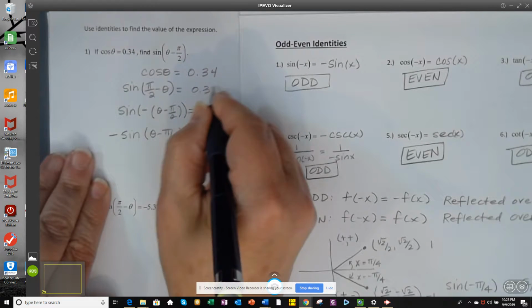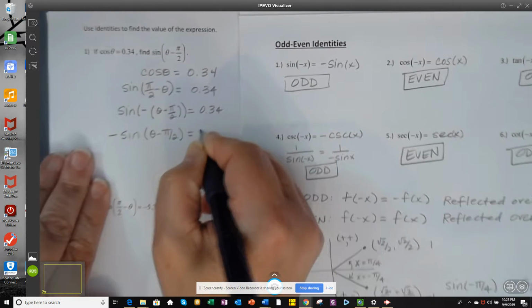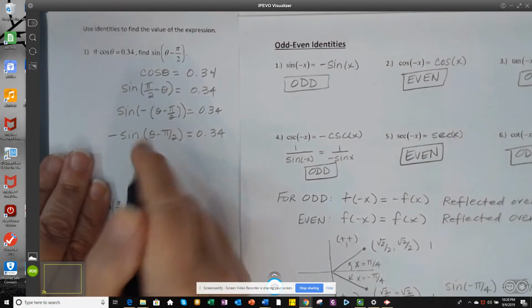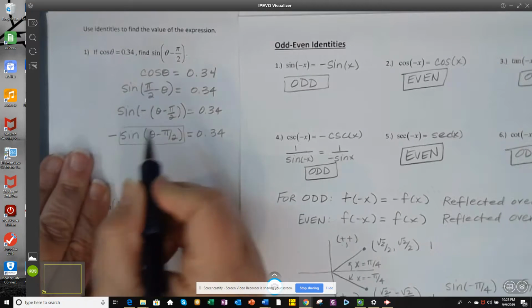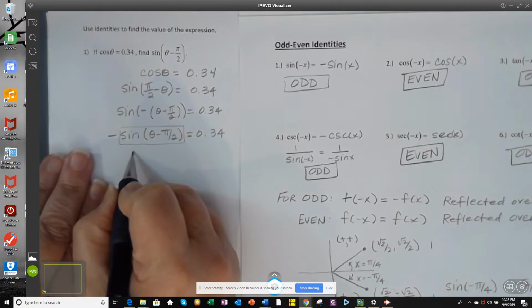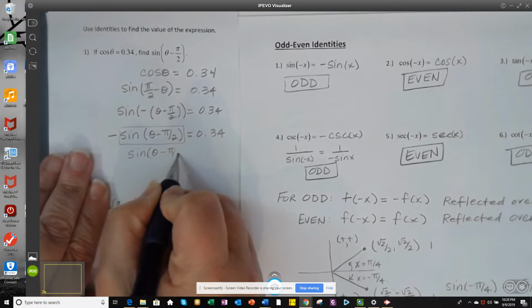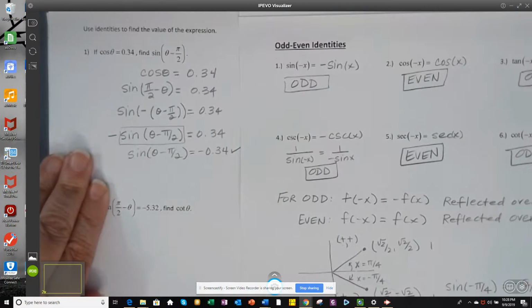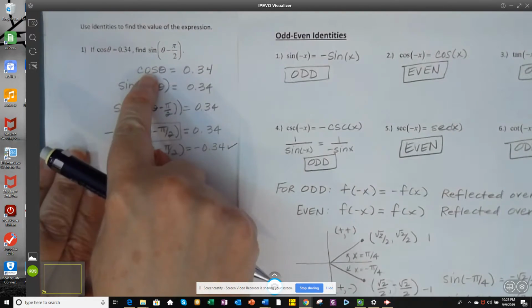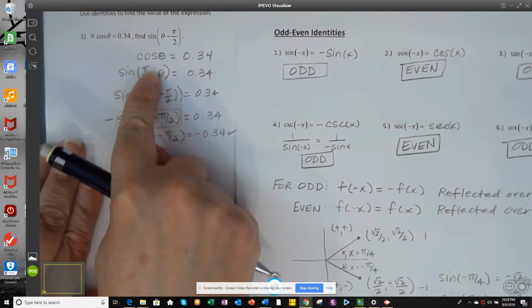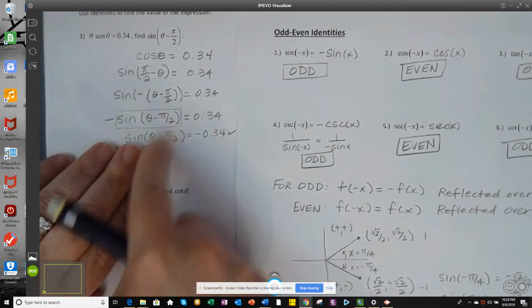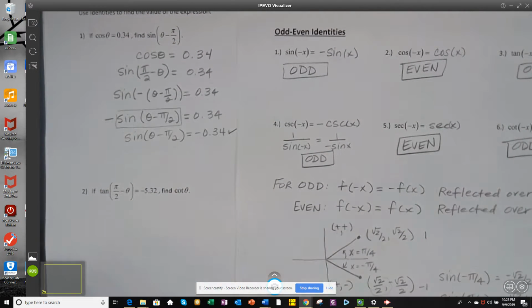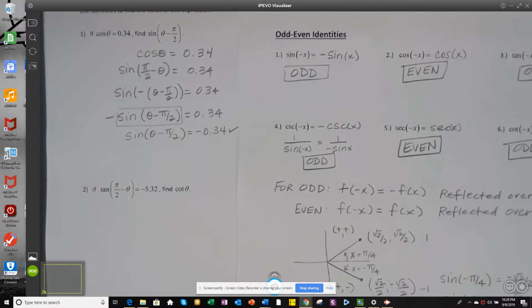And I know that this is 0.34. Okay? And I want to solve for this. So I'm going to divide by negative 1, and I get the sine of theta minus pi over 2 is equal to negative 0.34. And there's my answer. So I had identities help me transform my equation into something that I knew I had to get to. So it took me a couple of steps to get there, but I used my identities list to help me out. All right, what about this next one?